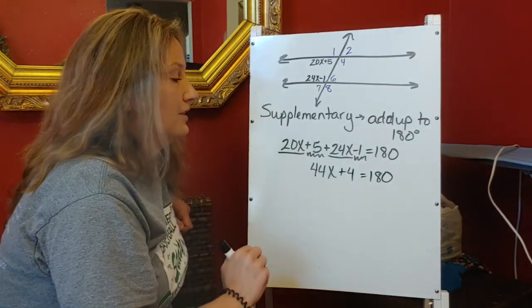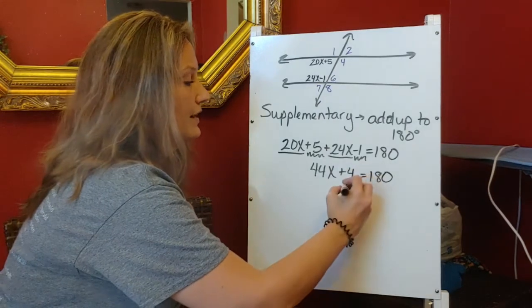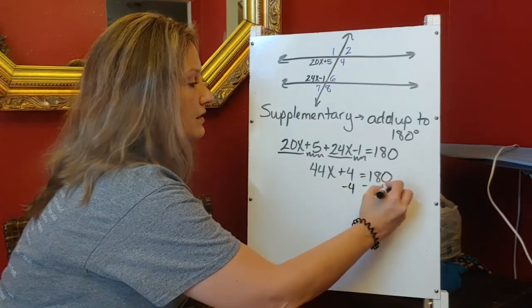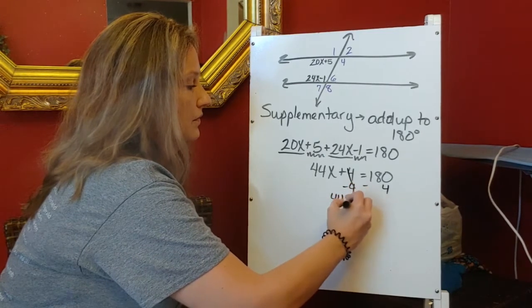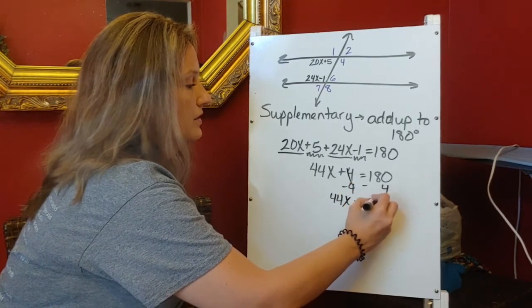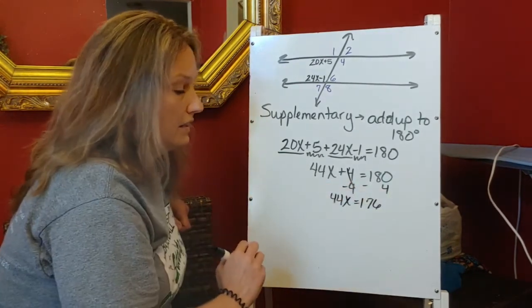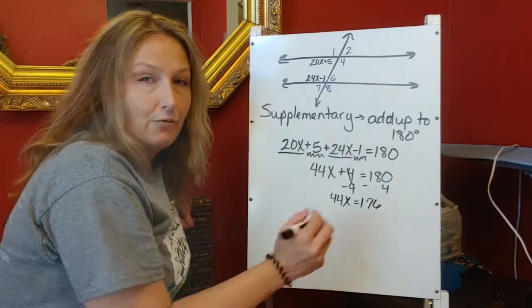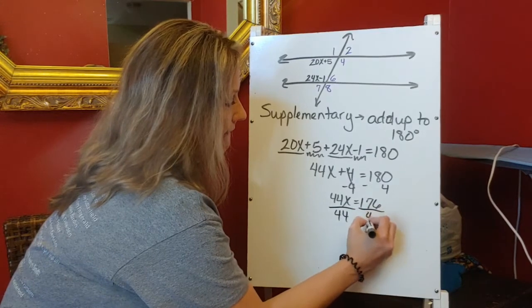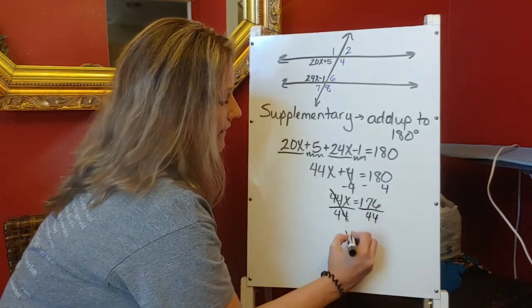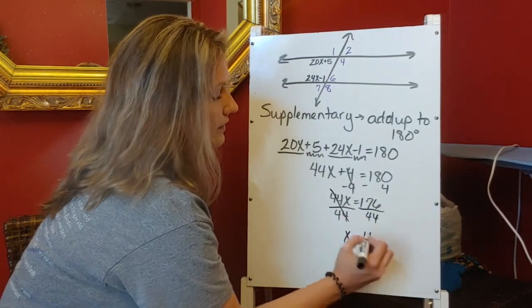And that equals 180. I'm going to subtract that 4 from both sides. And 44x equals 176. Now I have to divide by 44. And I believe that'll go in there 4 times.